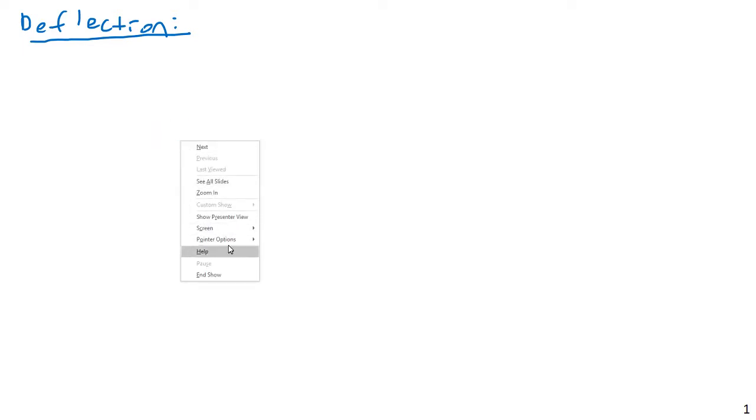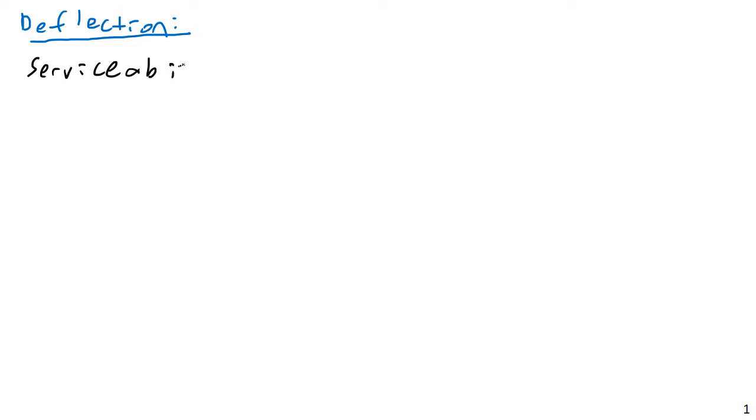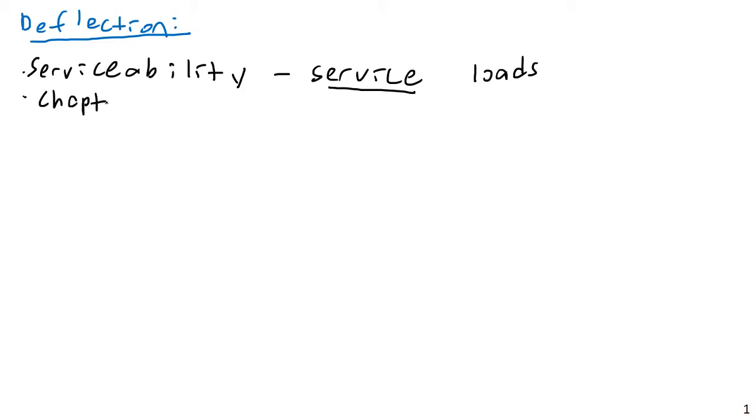So with deflection, we refer to this as serviceability, so we're using service or unfactored loads. And this is found in Chapter 24 of the ACI Code.